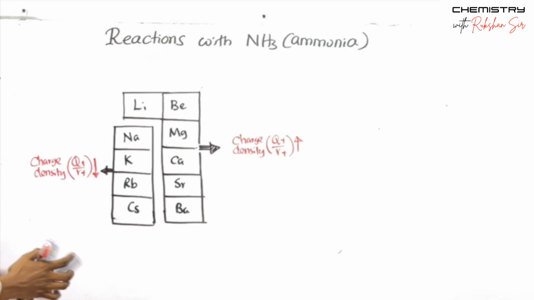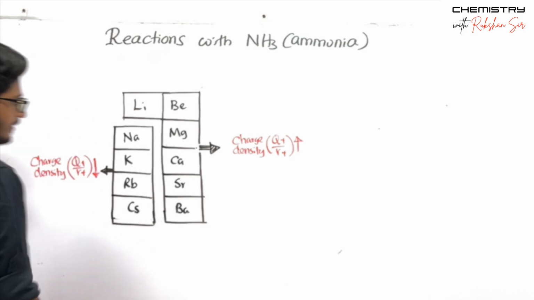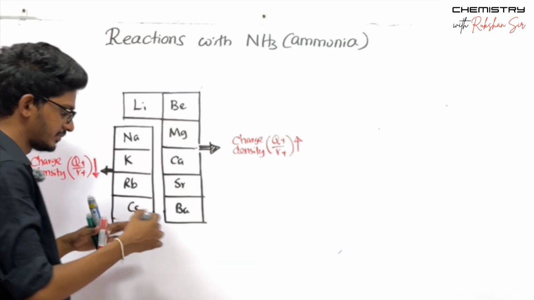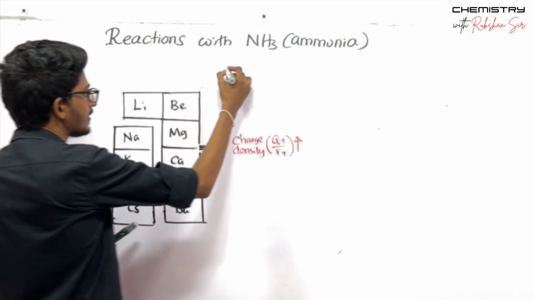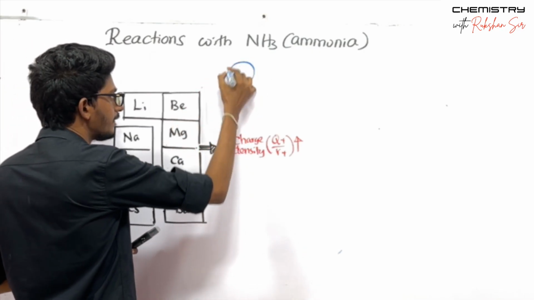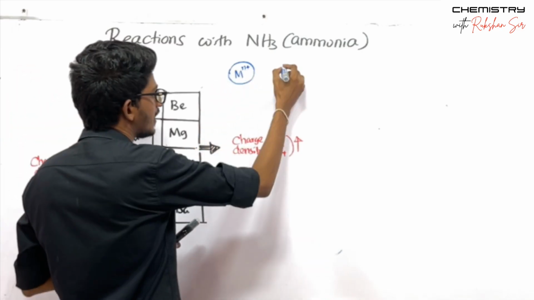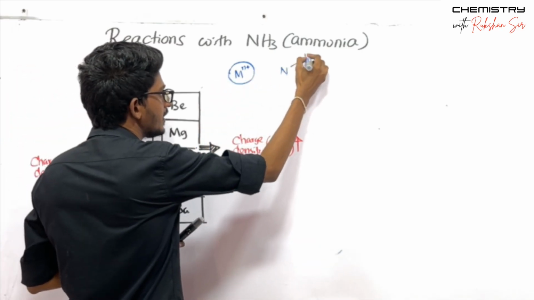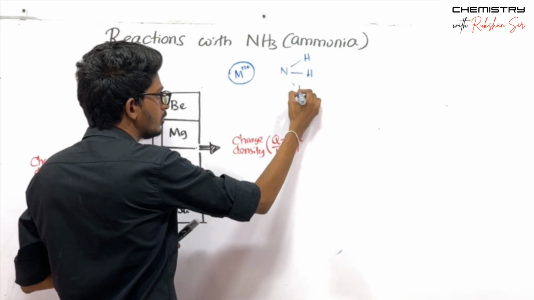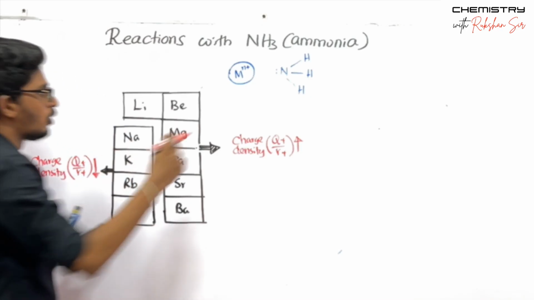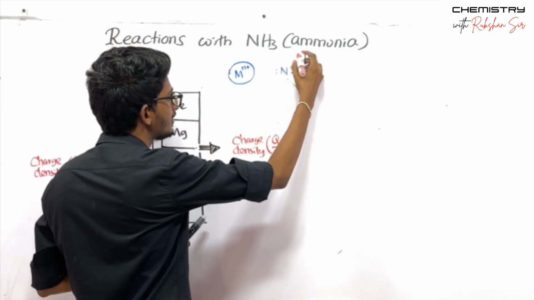Let's see how these guys will react with NH3 gas. If you are referring to the guys with high charge density, like this, if your cation has high charge density, then your cation is able to attract electrons from all three N-H bonds.